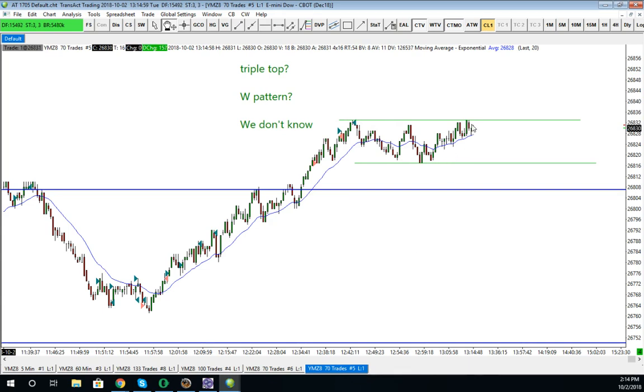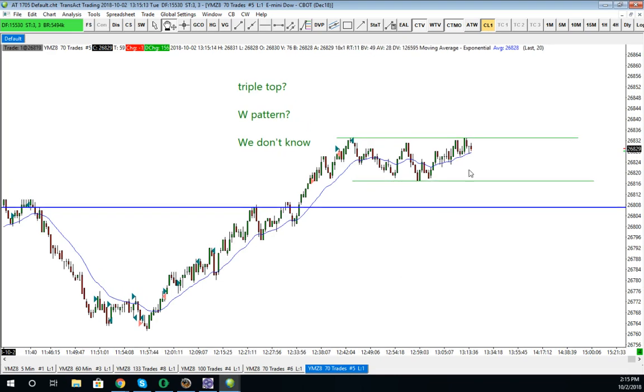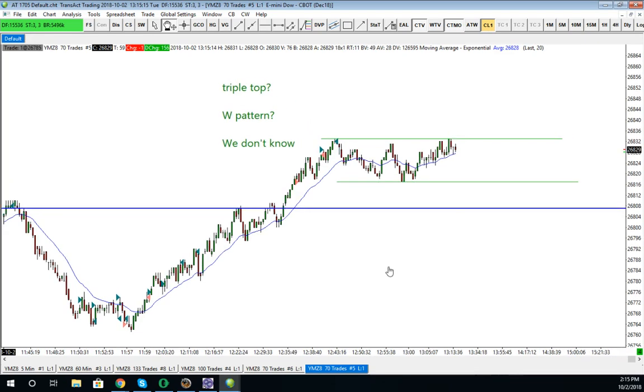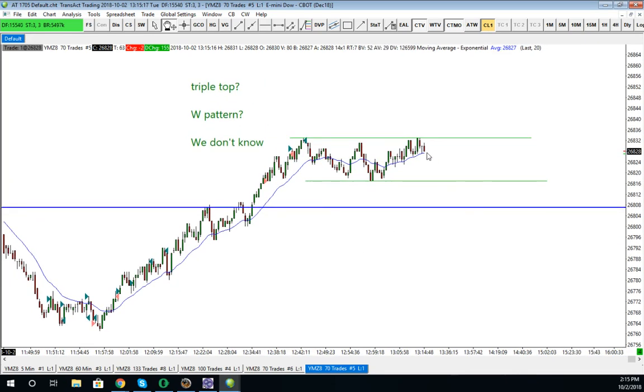We did test that upper line I drew, although the line I drew was really just based on one high. We came right back to it on two consecutive candles, and we're just sort of hugging this line, so this 20-period moving average.